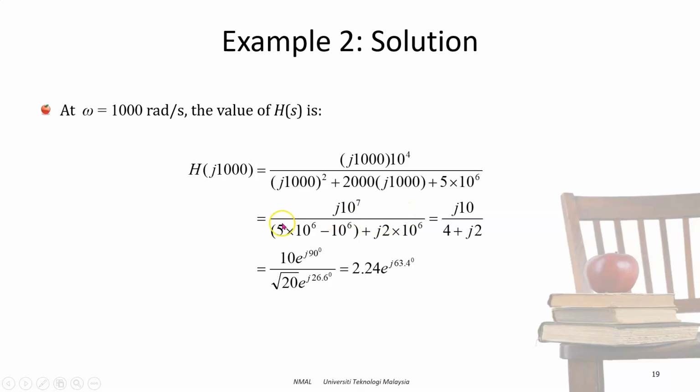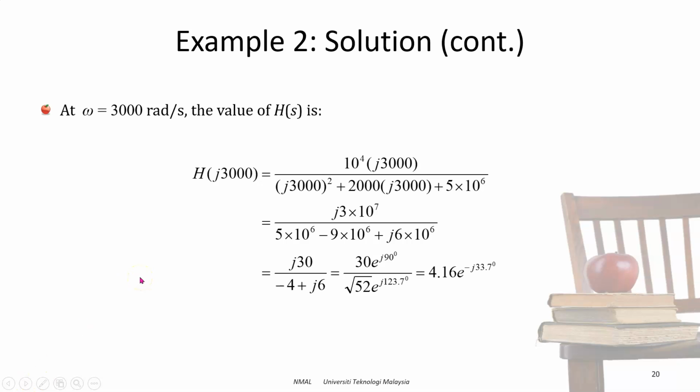When you solve this, the value that I get is j10 divided by 4 plus j2. In order to solve this, you need to change it to the phasor value of the complex number. Rearranging, you will get 2.24 exponent j 63.4. This is the answer for the first question, H(j1000).